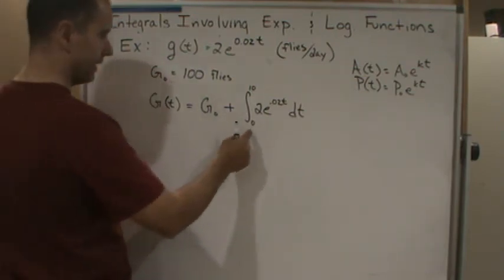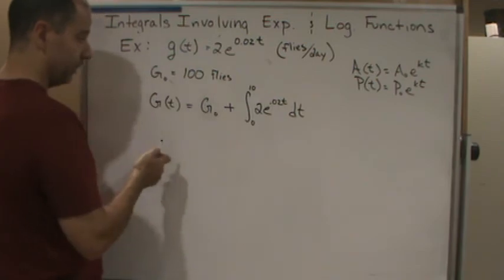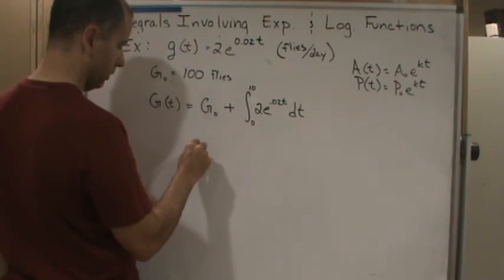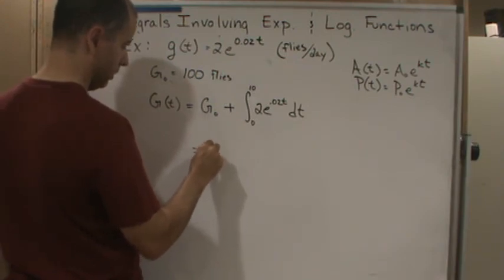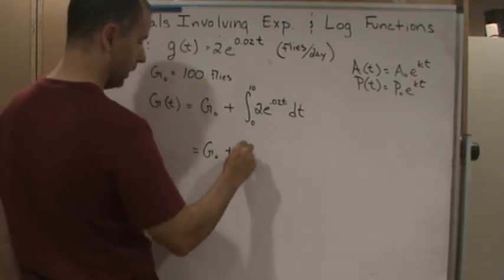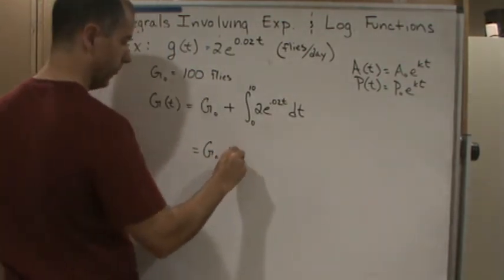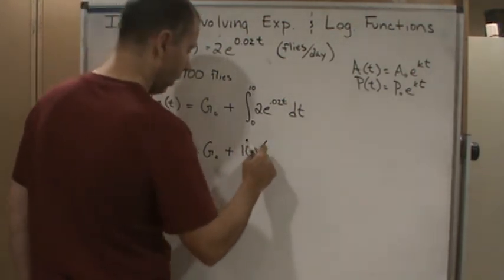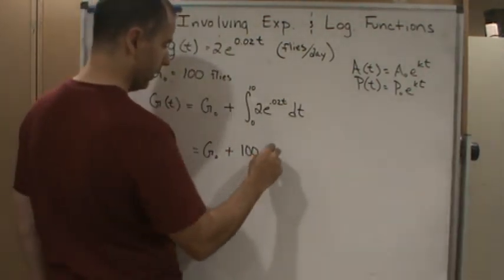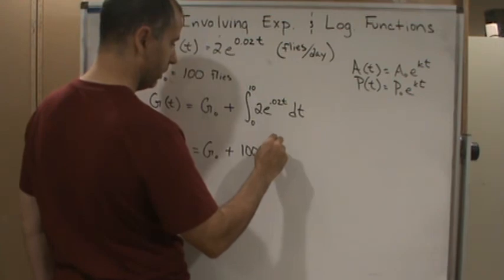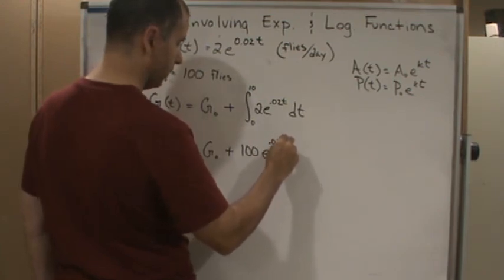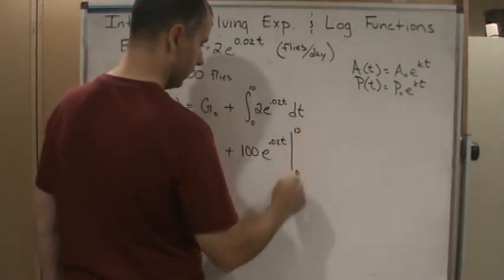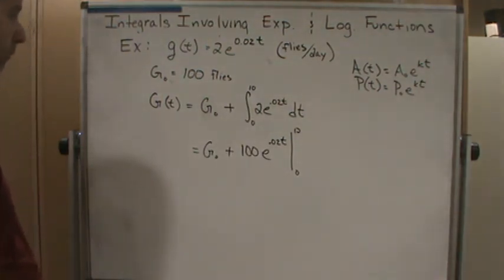So I can start with this. We already know what this is going to be. It's G naught plus 100 e to the 0.02 t, evaluated from 0 to 10.